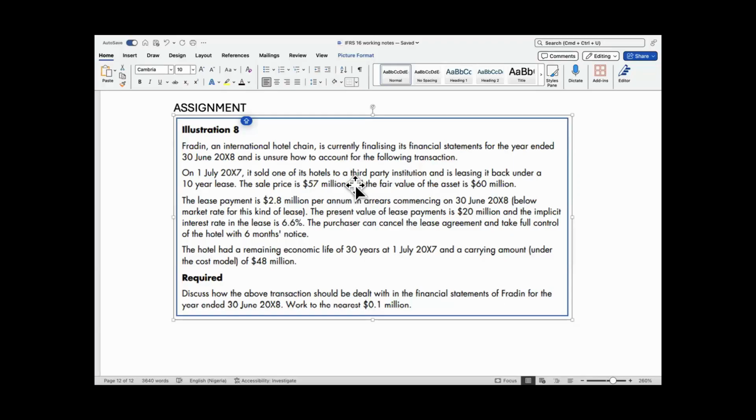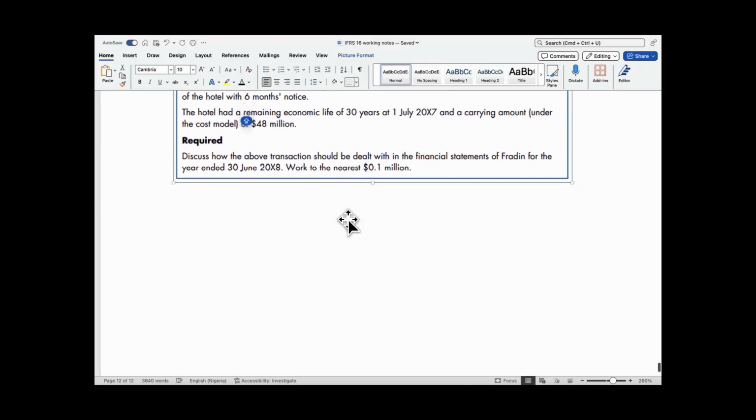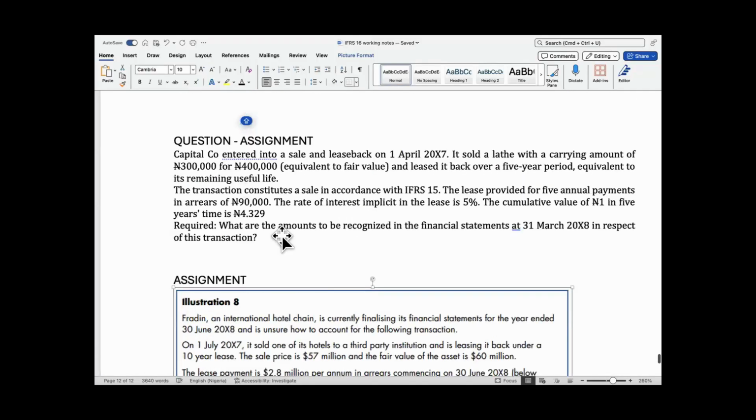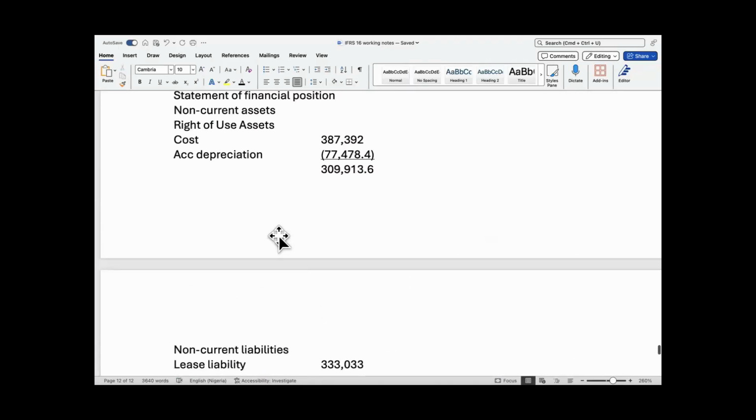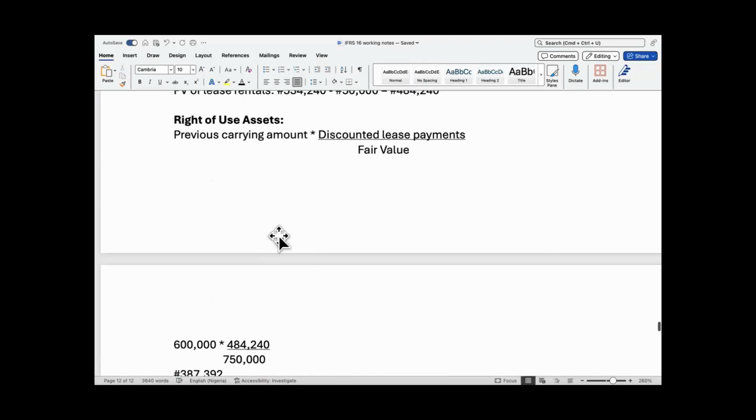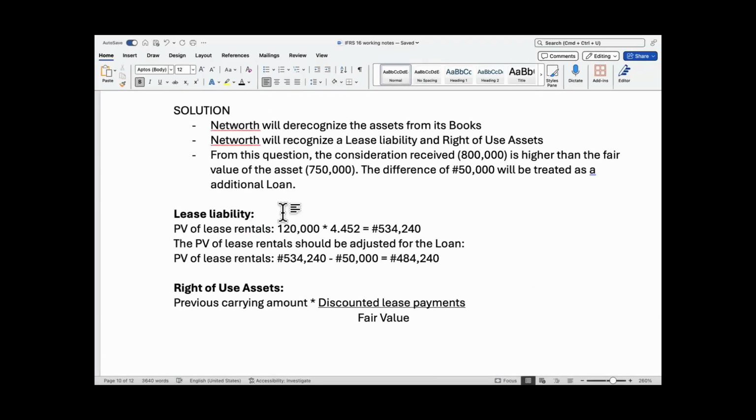Yeah, it's below market rates, where the consideration received is lower than the fair value of the assets. So you can try your hands on those two. And that is all for IFRS 16. I think we have tried. It took us almost, yeah, like 2.5 classes.